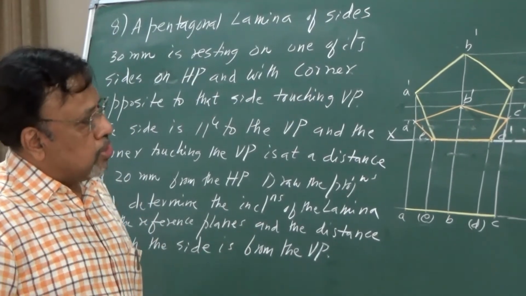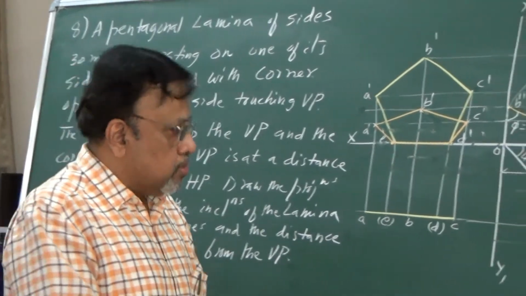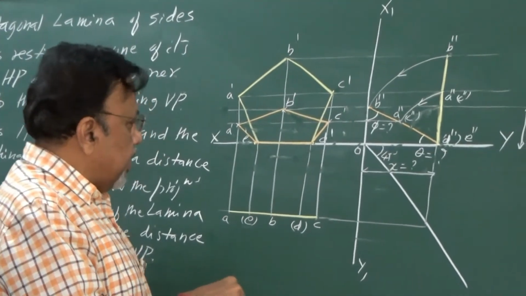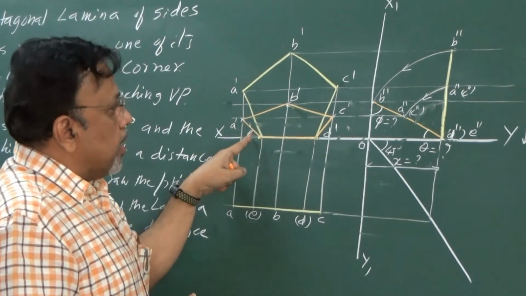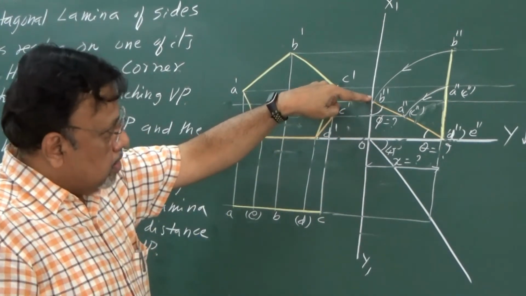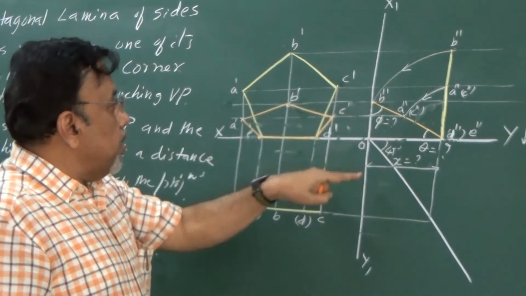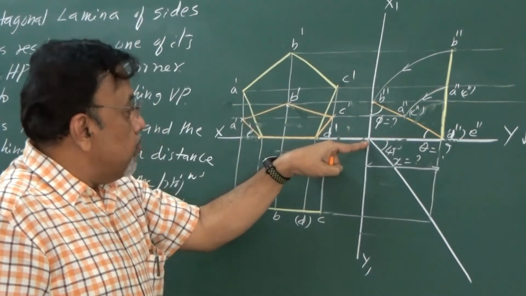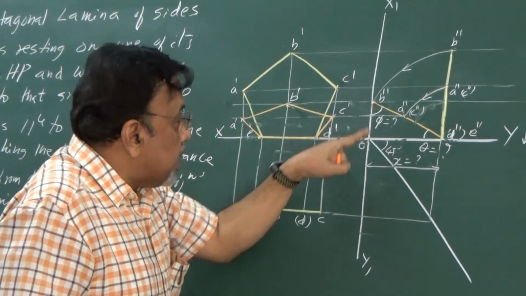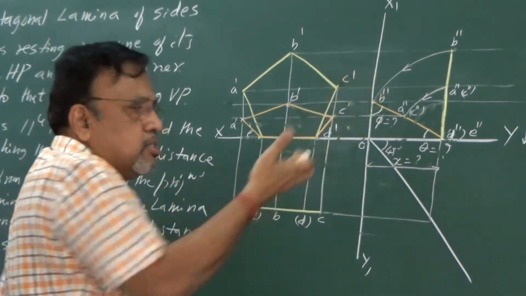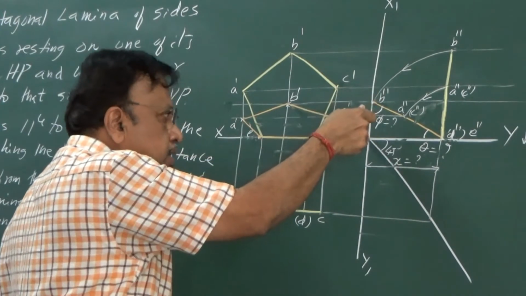Okay, what about the new top view? Same procedure. What is the procedure? See, anyway, these two will be here only, your D and E here only. Then let us say I want to get this B. Where is B here? So B is touching VP. Now since it is touching VP, I need to draw the projector through that. That is, its VP distance is 0. That means I need to draw a line like this.